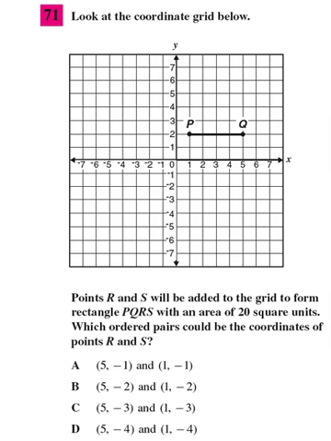Problem 71. Look at the coordinate grid below. Points R and S will be added to the grid to form rectangle PQRS with an area of 20 square units. Which ordered pair could be the coordinates of points R and S?